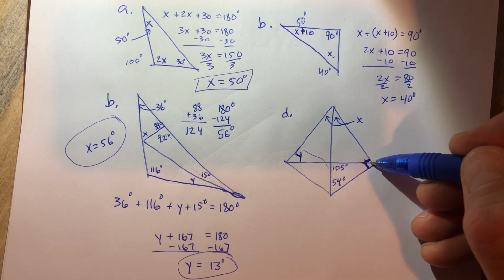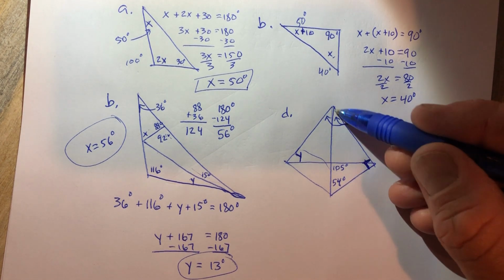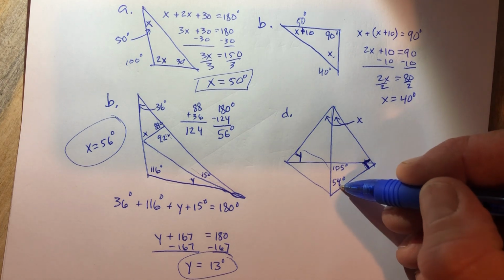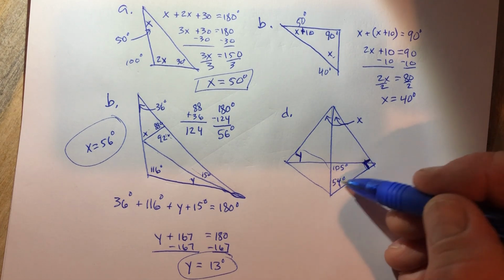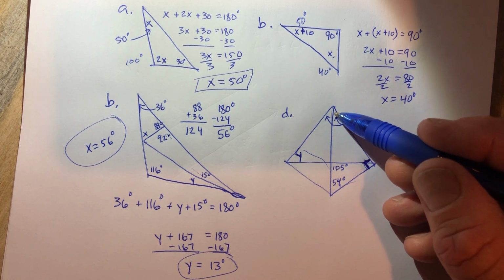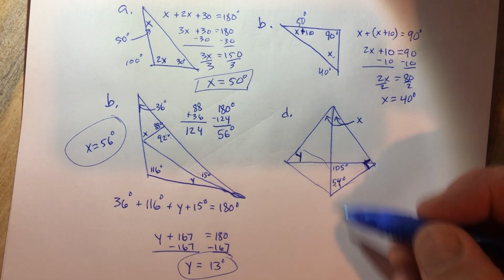I'm going to start with this outside triangle, this half of the quadrilateral, this triangle here. I'm going to take my 90 degrees and my 54 degrees, add those together and subtract from 180 to find x. That'll give me x because I know that this angle right here is the third angle in that triangle.